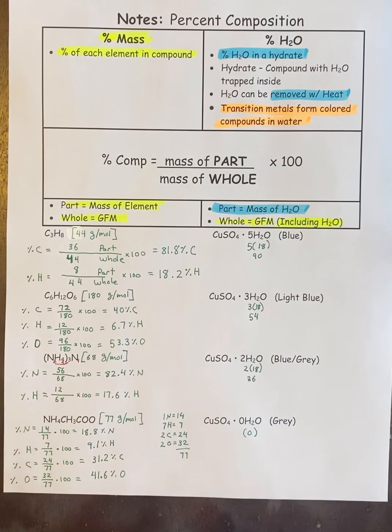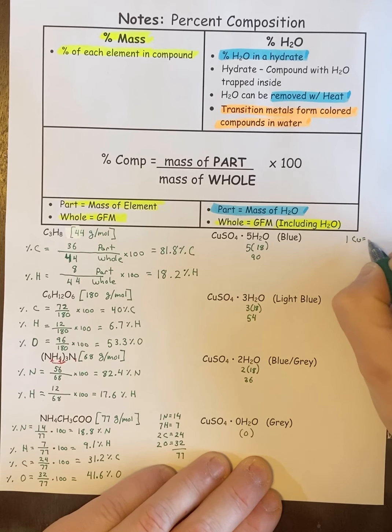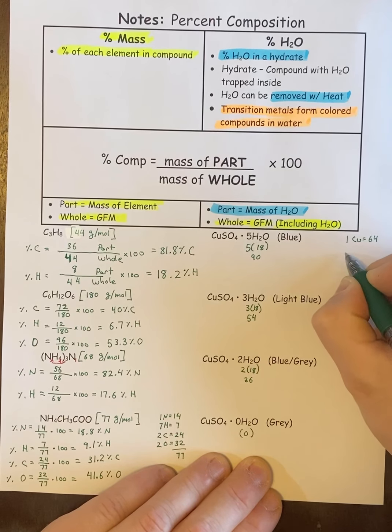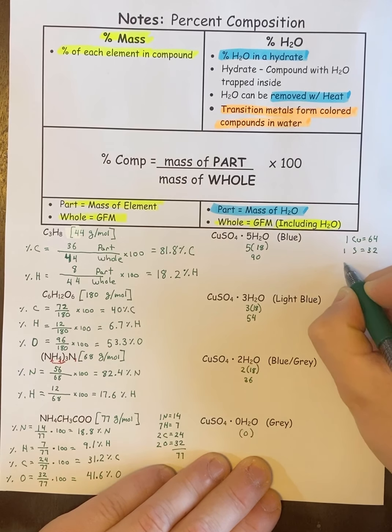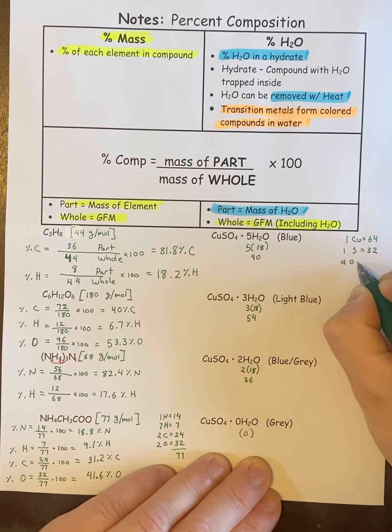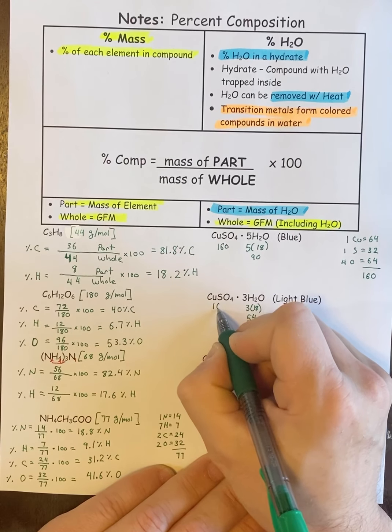Okay, and then my CuSO4, we could do it separately if we wanted to. I'll do it off to the side. It's 1 Cu, which weighs 64, 1 S, which weighs 32, and 4 O's, which weighs 64. Add the whole thing together, and you get 160. So this guy weighs 160 each time.